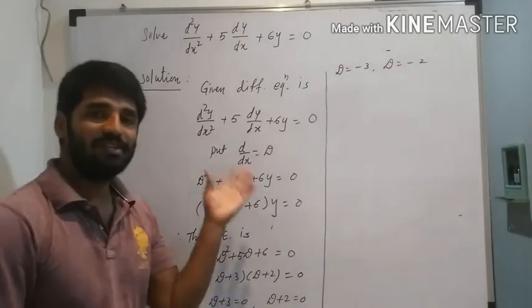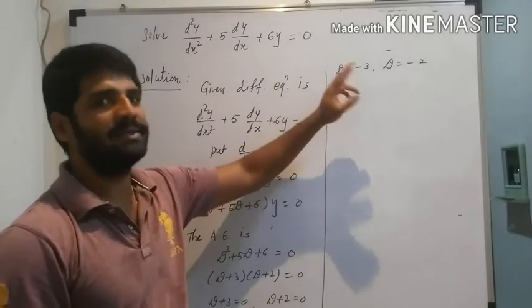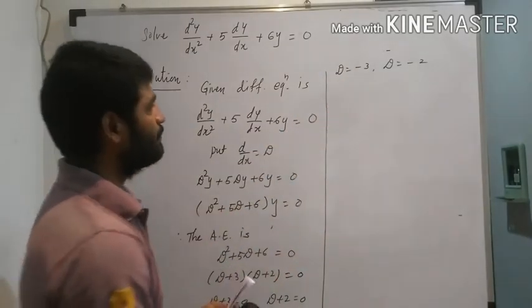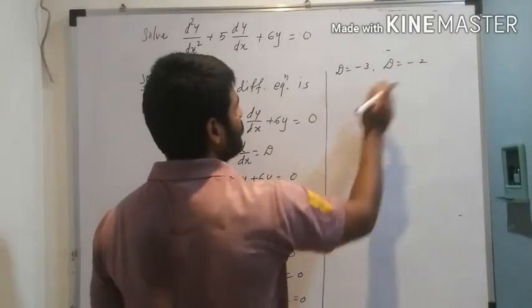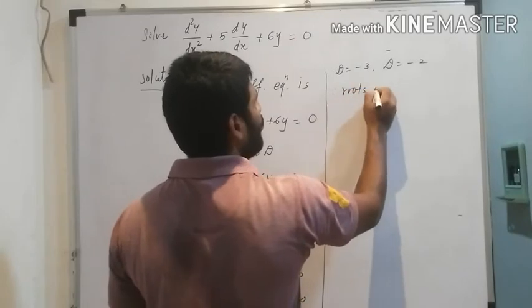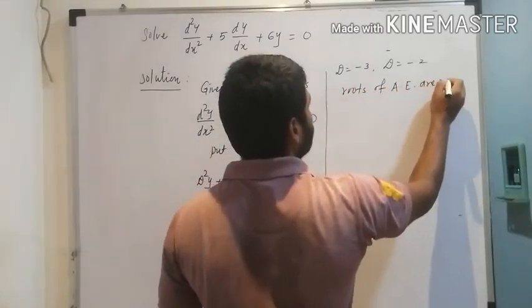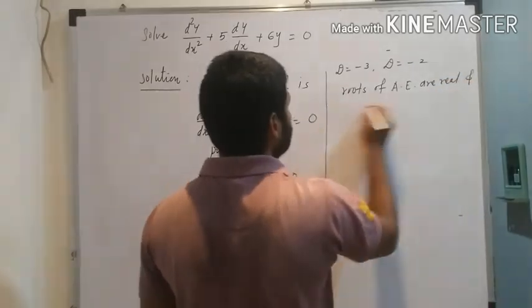So we have to use the first case to write the complementary function, if roots of the auxiliary equation are real and distinct. So this is R1 and this is R2. Therefore, roots of the auxiliary equation are real and distinct.